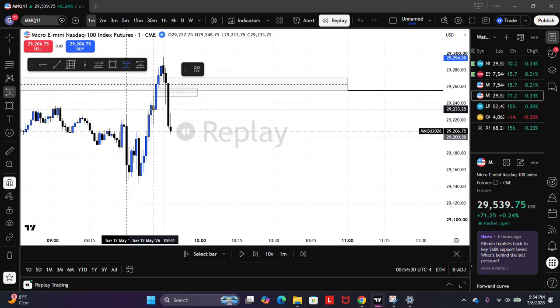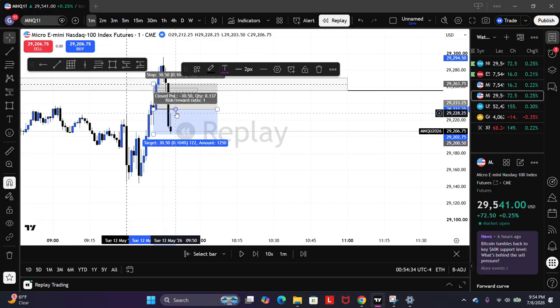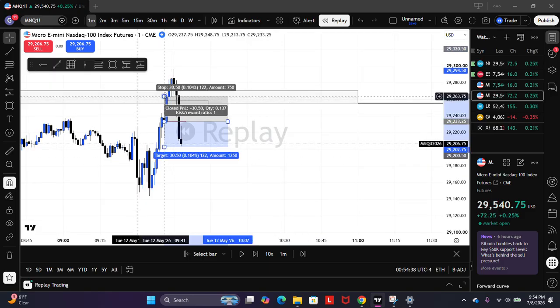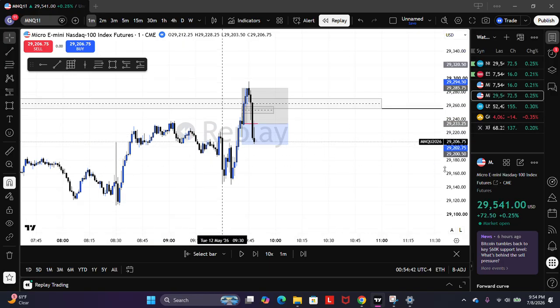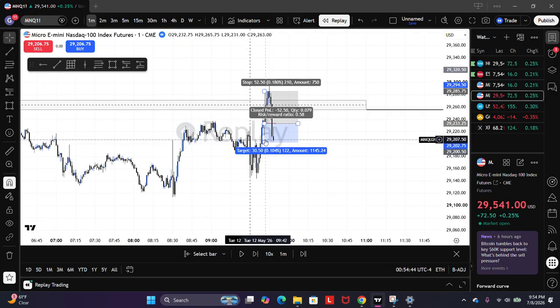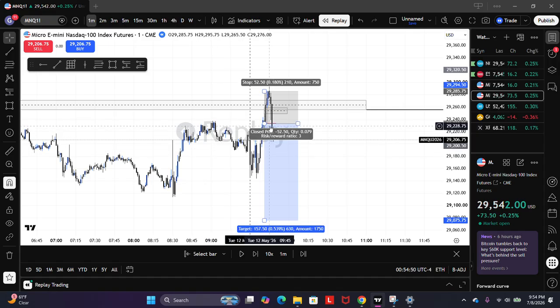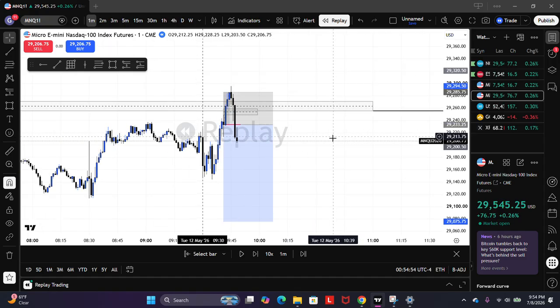Also, displacement right here. I put it probably right there. Good time. In the macro I want to see 940, 947 if we retrace into it.